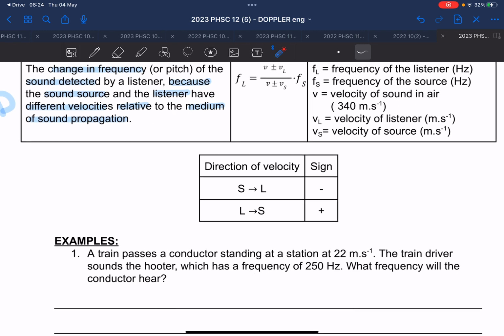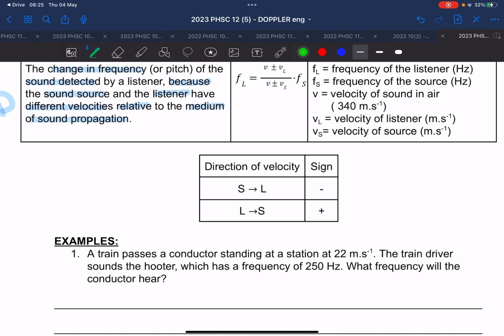In the alphabet, which one comes first, S or L? L. So if L is in front of S, then it is a plus, then it's sharp. If S is in front of L, then it's a minus. But what does this stand for? We're going to have 4 scenarios.